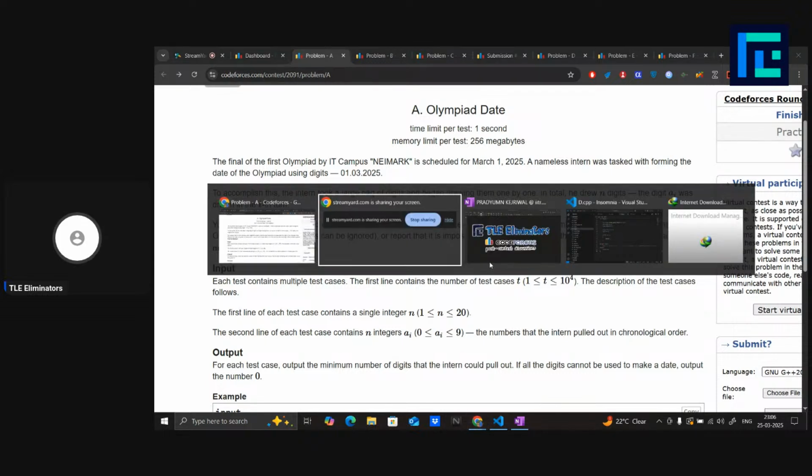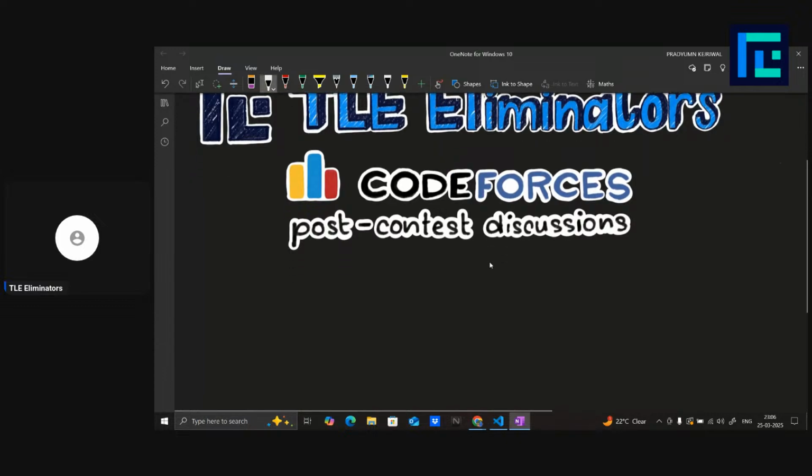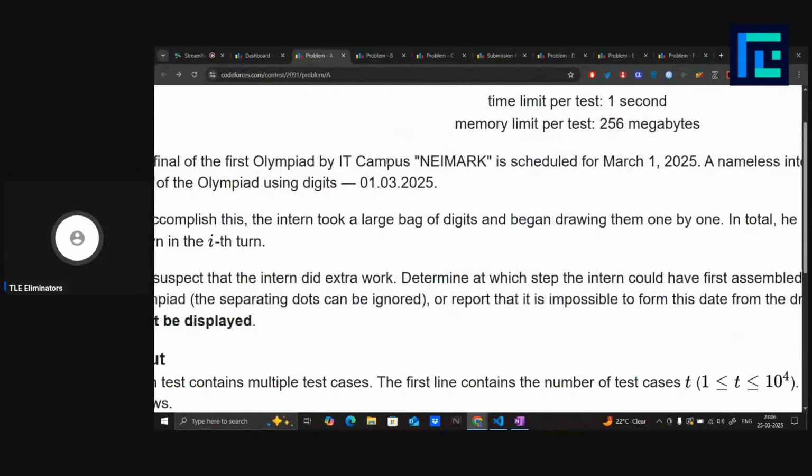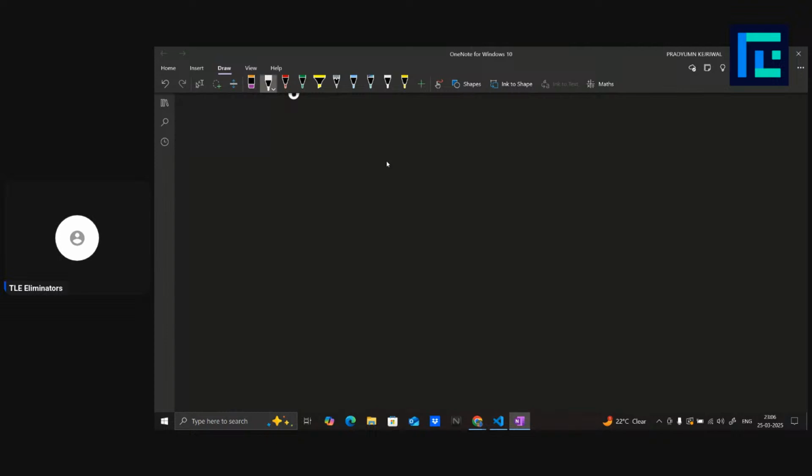Okay, so the problem is that basically you have to make this date, 01032025, right? And for that the intern is picking numbers from a bag.